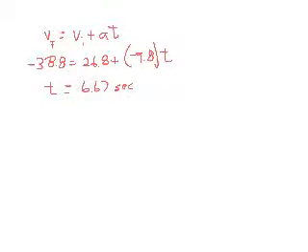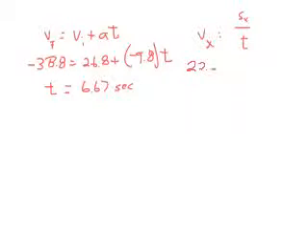Now if I go back to my horizontal condition, that's v sub x equals s sub x over t. That t will be the same for both columns, horizontal and vertical. And the horizontal velocity was 22.5 meters per second equals my horizontal displacement divided by the time, 6.67.